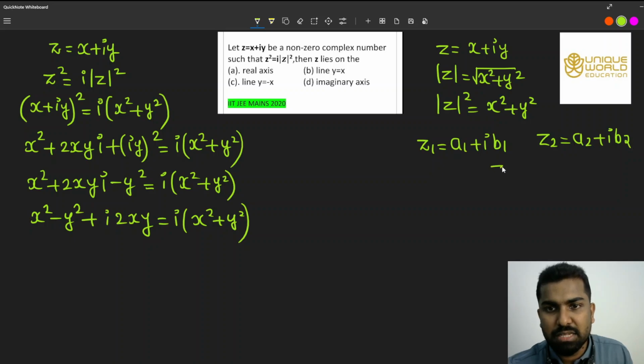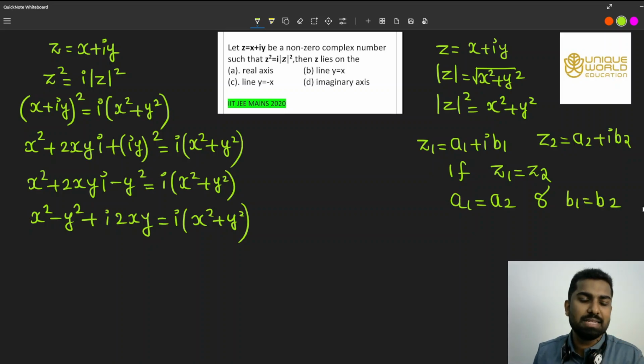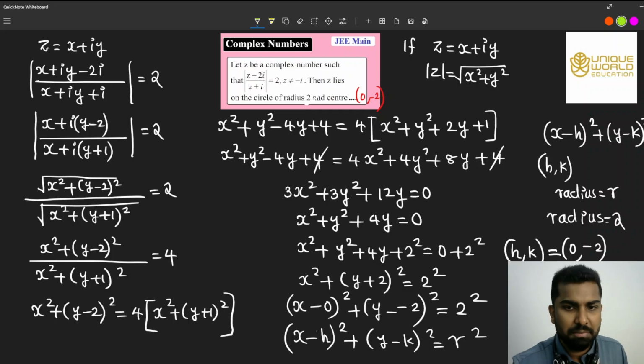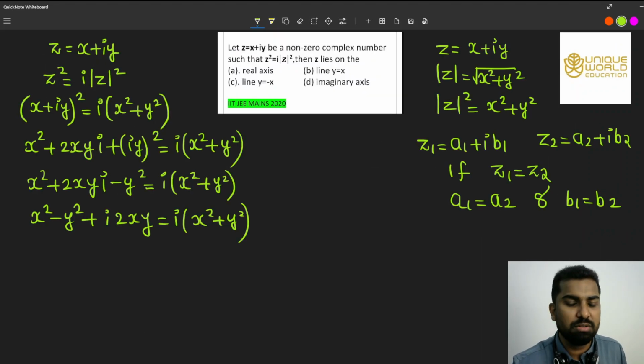Suppose these two complex numbers are equal, z1 equal to z2, then the real parts will be equal to each other and the imaginary parts also will be equal to each other. So if two complex numbers are equal, the corresponding real and imaginary parts are equal to each other. That we did here also. But here there is no need, right? Last question there is no need.